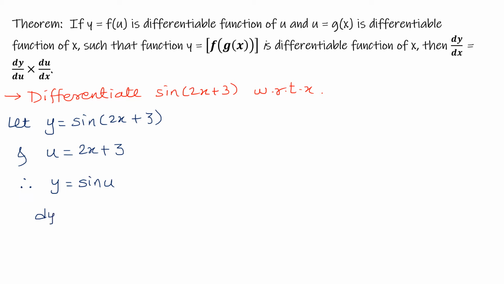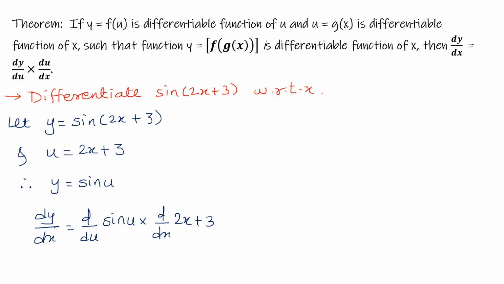Now we want dy by dx. So dy by dx can be written as dy by du into du by dx. So d by du of sine u into d by dx of u. U is what? 2x plus 3.